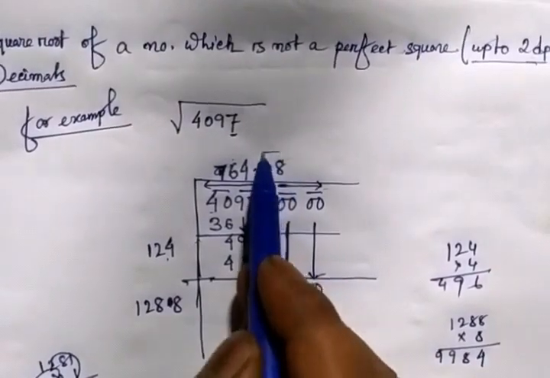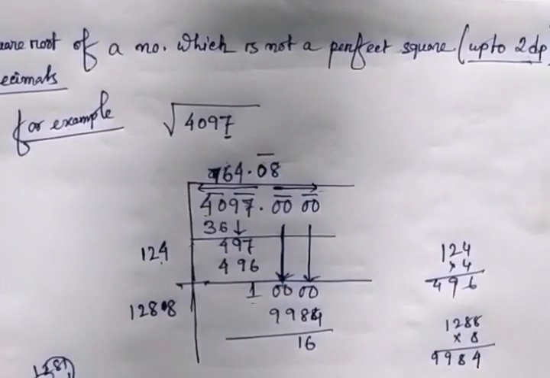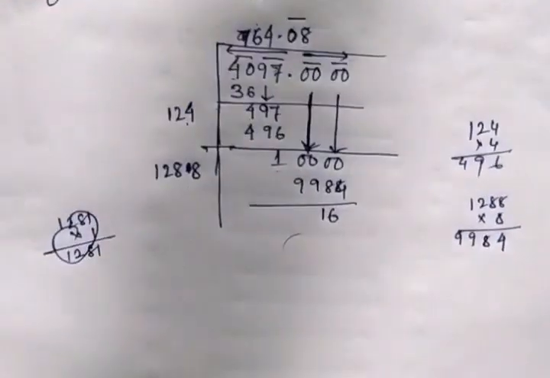So in the answer up to 2 decimal places has already come, so no need to find more.